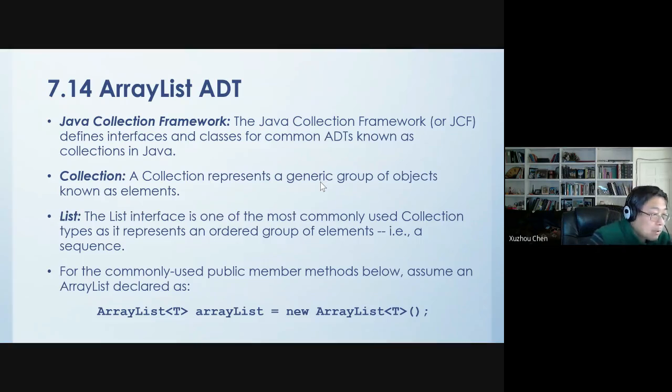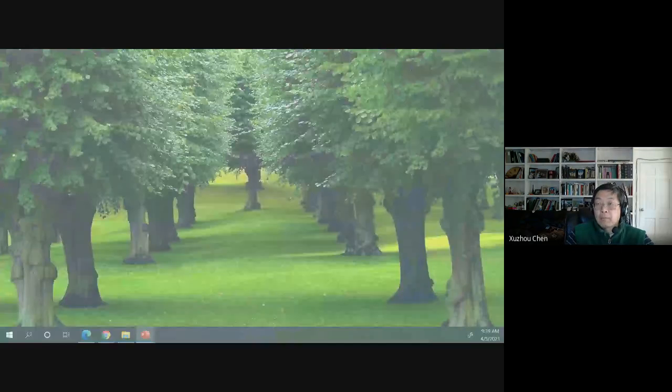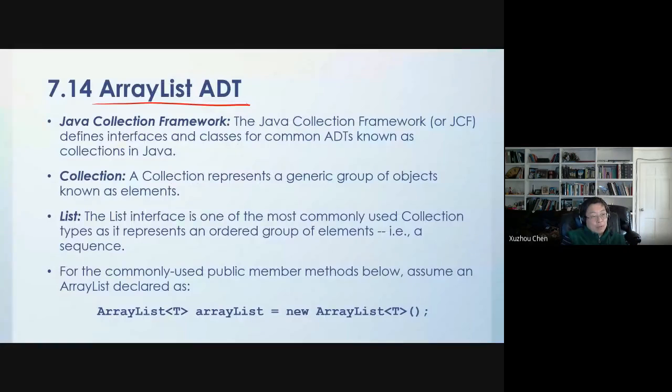So the ArrayList ADT, the ADT basically stands for abstract data type. In Java, there's something called the Java Collection Framework.